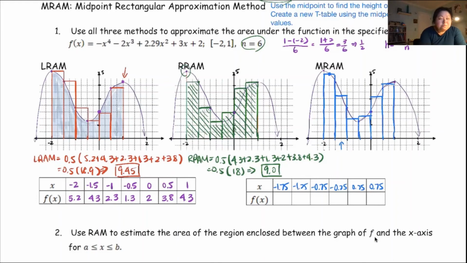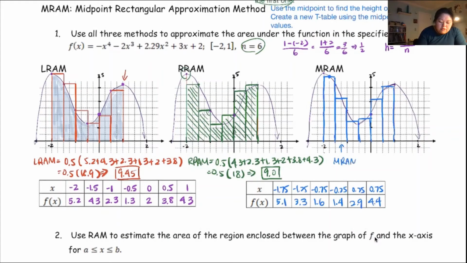Okay, so again, if you punch this graph into the calculator, you'll get these y values. You get 5.1, 3.3, 1.6, 1.4, 2.9, and 4.4. Okay, so now MRAM, although this seems a little bit weird, you will see it actually does not change the horizontal distance.